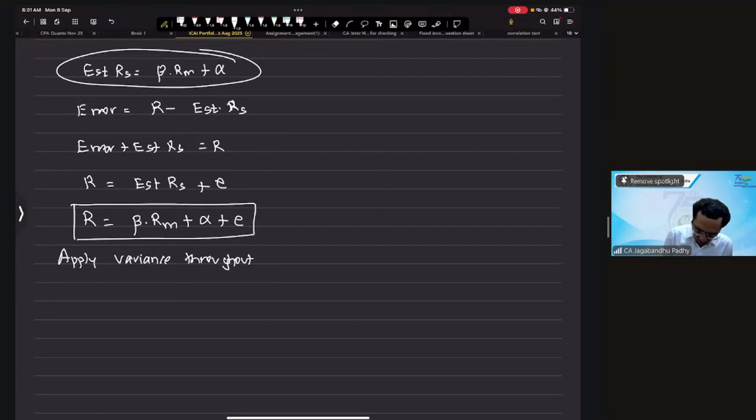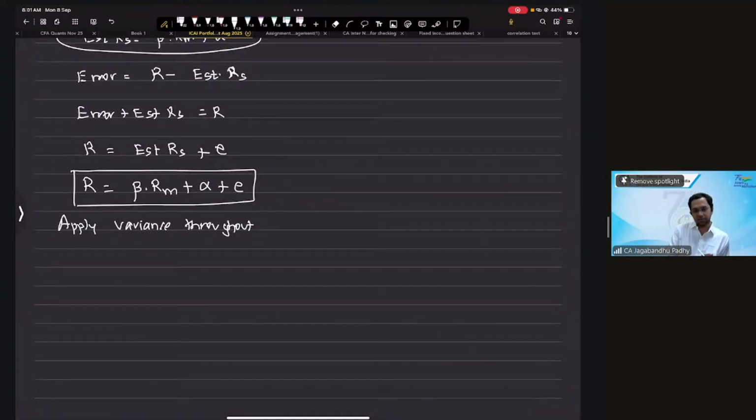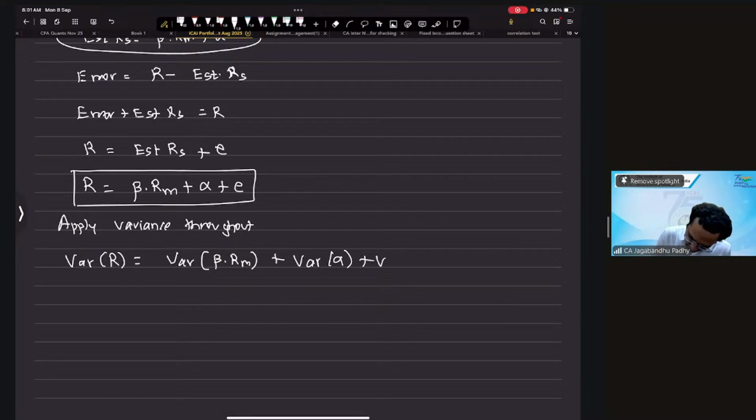Just like our return of security is beta into RM plus alpha plus error term, the variance of return of security will be variance of beta into RM plus variance of alpha plus variance of error term. Does it make sense to you guys? Yes. So we just applied variance throughout.